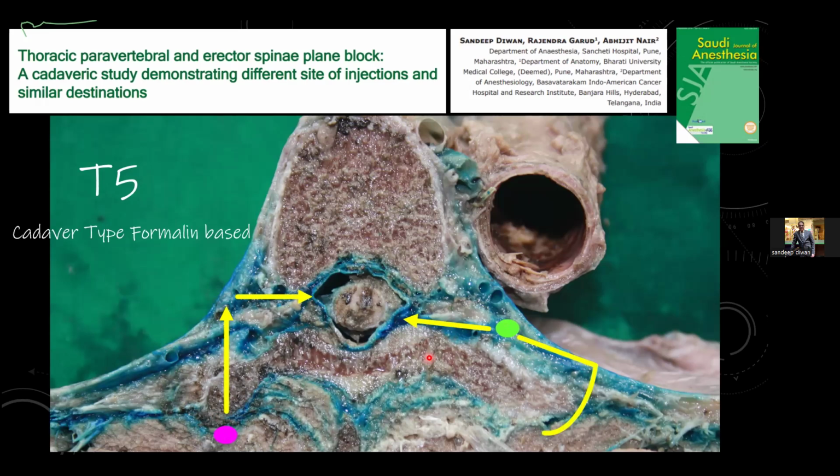Since we did not know that we would get this kind of picture, the next plan was to inject a blue dye here and a red dye here, or probably inject blue dye in all cadaveric specimens on one side and separate injections in other cadavers on the other side in the paravertebral space.